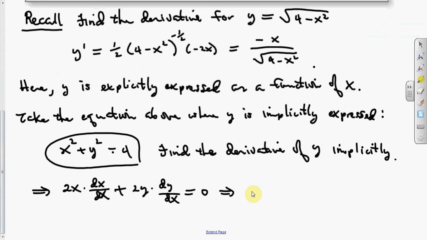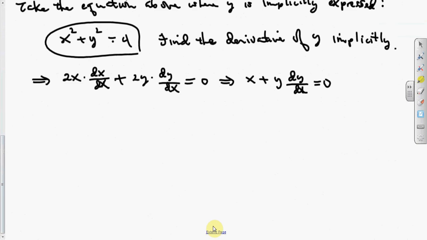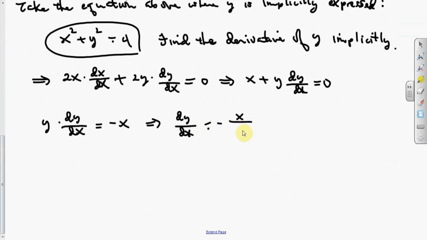So this implies that we divide through by 2, so we have x plus y times dy over dx is equal to 0. Now we isolate dy over dx. So that gives us first y times dy over dx is equal to negative x. And this implies that dy over dx is equal to negative x over y.